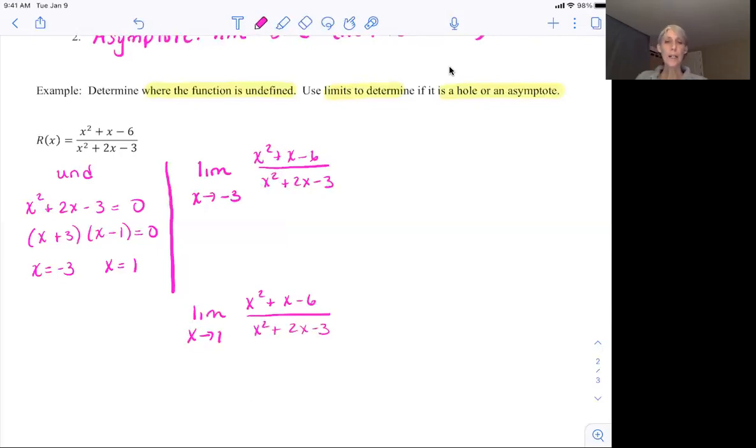Now, the good thing here, we already know when I plug in -3, I'm going to get a 0 in the denominator. When I plug in 1, I'm going to get a 0 in the denominator. So I'm going to reevaluate. I'm going to factor and simplify.